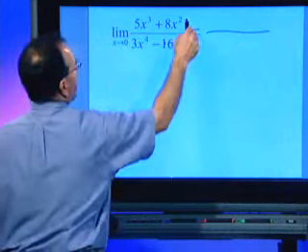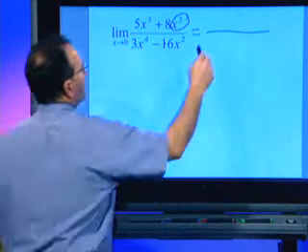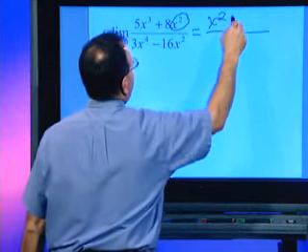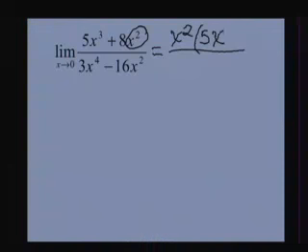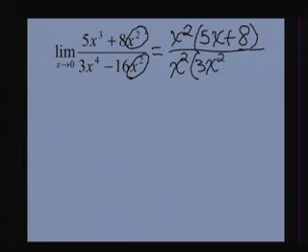That is to say, I can factor out an x squared on the top, and that's going to leave me 5x plus 8. And then on the bottom, I can also factor out an x squared, and that will leave me 3x squared minus 16.